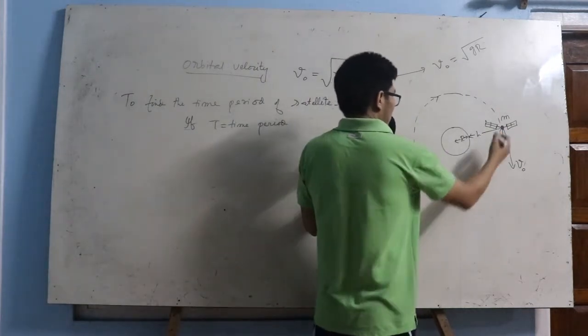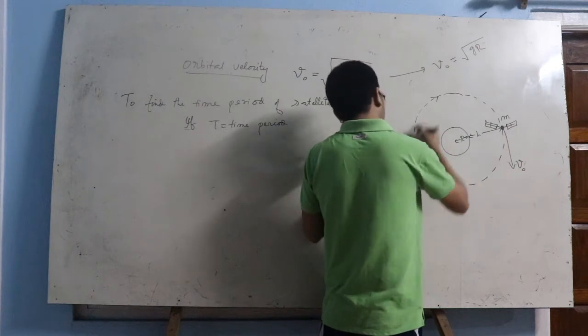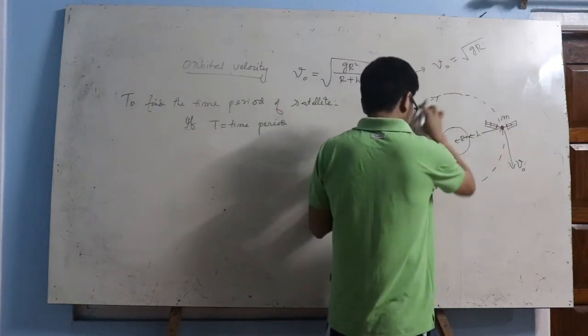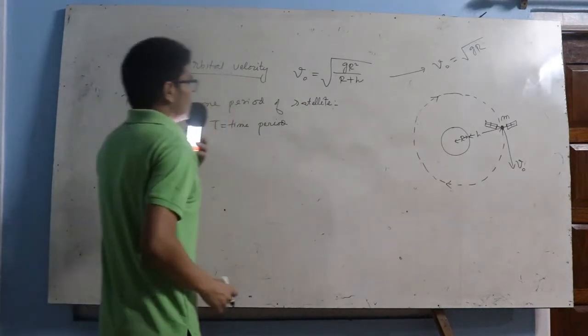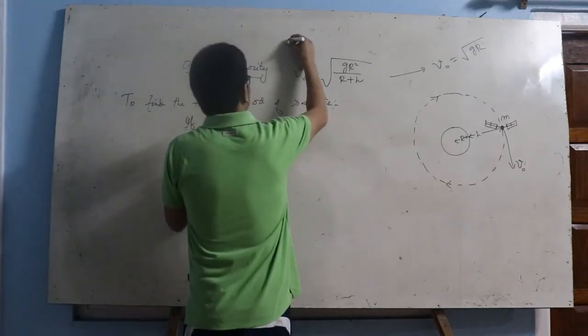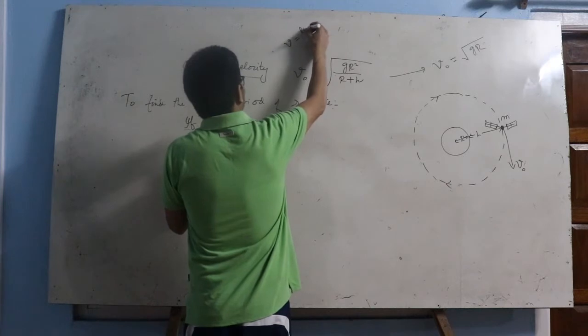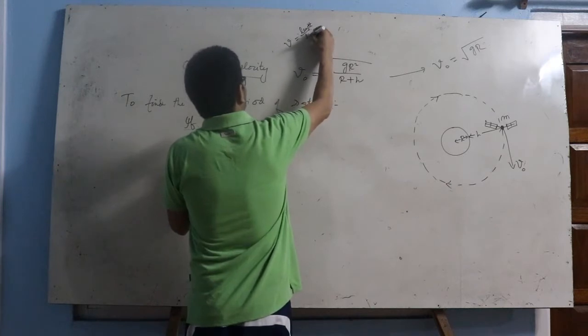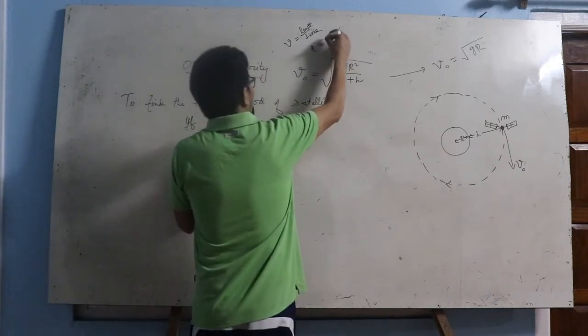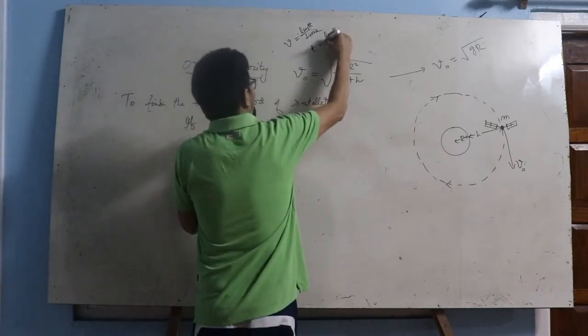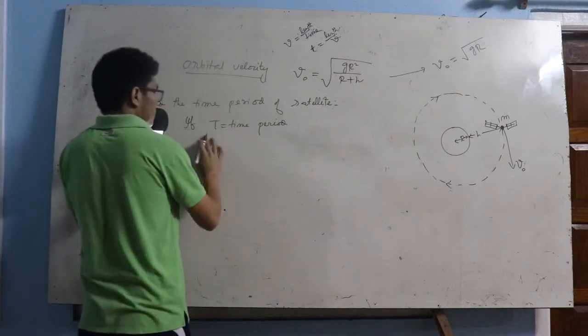Say this is the starting point, we'll come back again, so the time taken is known as time period. So from the equation v is equal to length by time, time will be length divided by v. So I'm going to use this one.